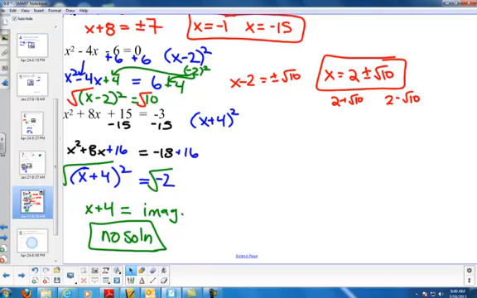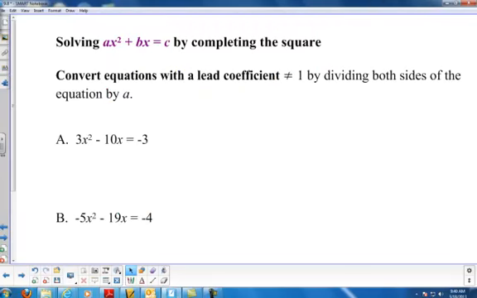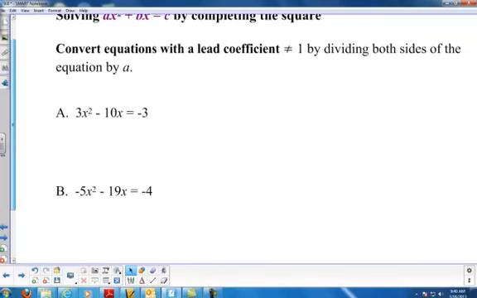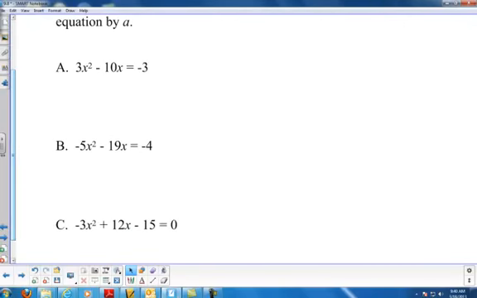And last but not least, if you have a number in front of the x squared, you need to make that a 1. So your very first step would be to divide by 3 to get rid of that. So this is going to simplify into x squared minus 10/3 x equaling negative 1.